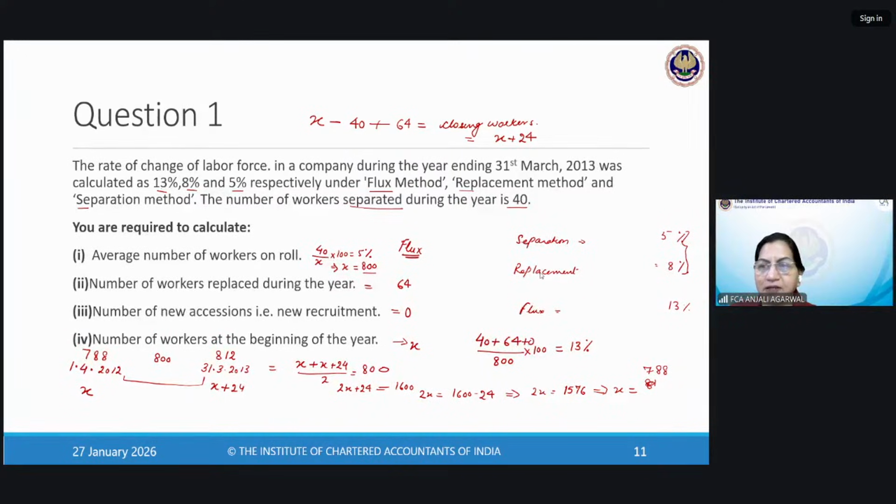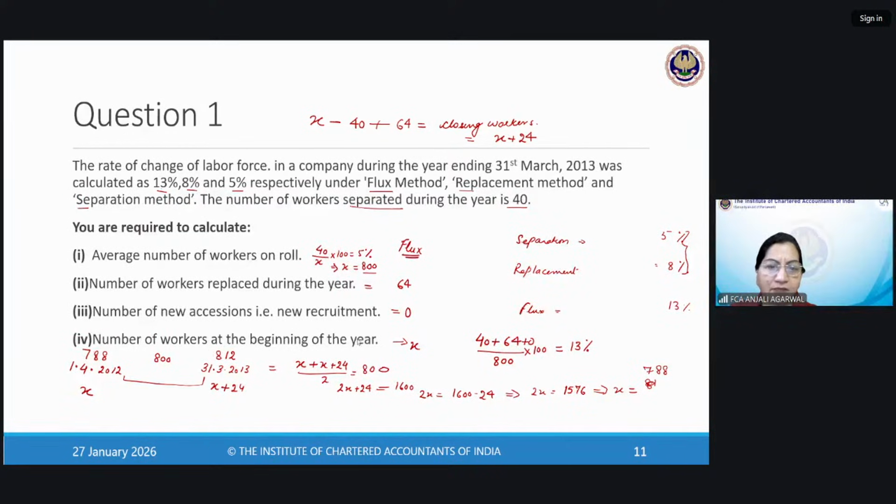How many replaced? 8% of 800 is 64. Flux is 13%. So when you have 40 plus 64, that alone gives you 13%, which means there were no new accretions or accessions. No new workers have joined because of expansion or any other reason. All these 64 workers have joined because they replaced the 40 who left.